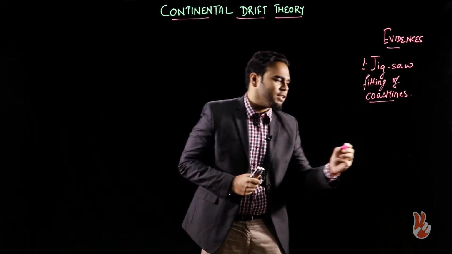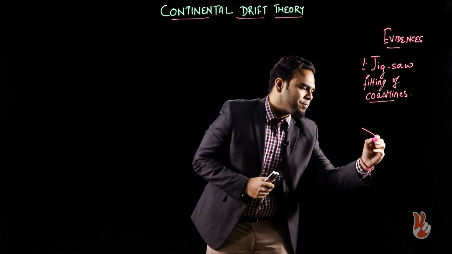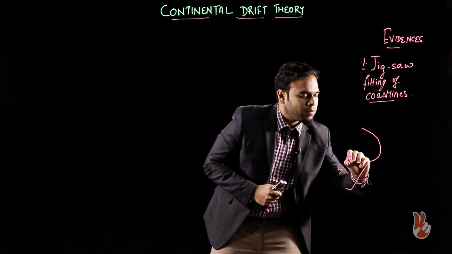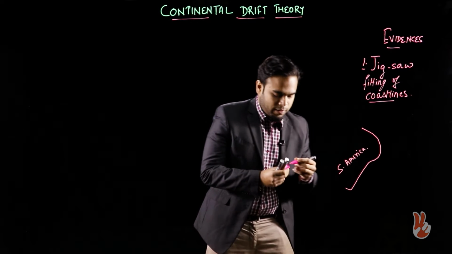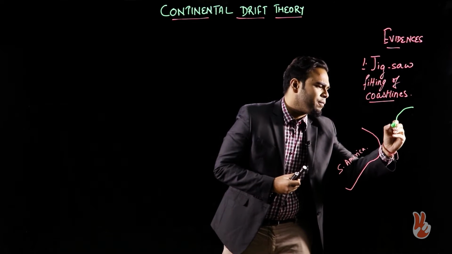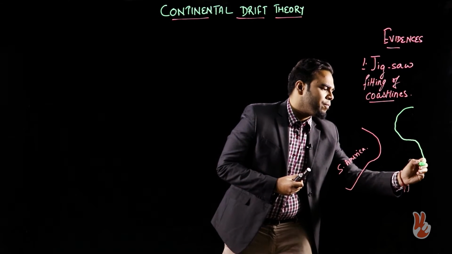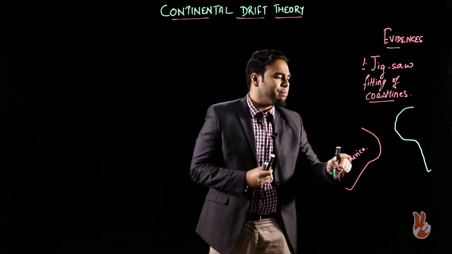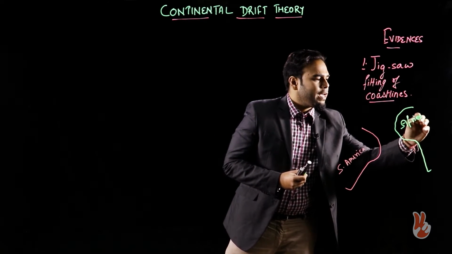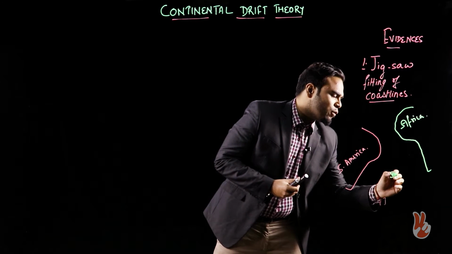Look at this diagram first. Now if this is South America, and here we have the presence of Africa, and here in between South America and Africa, we have the presence of the South Atlantic Ocean.